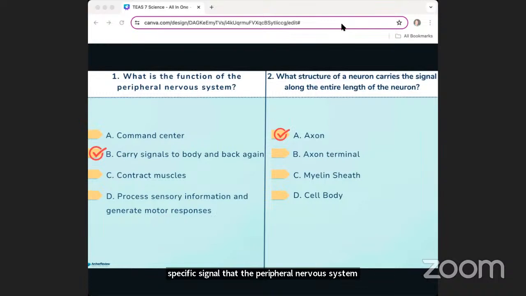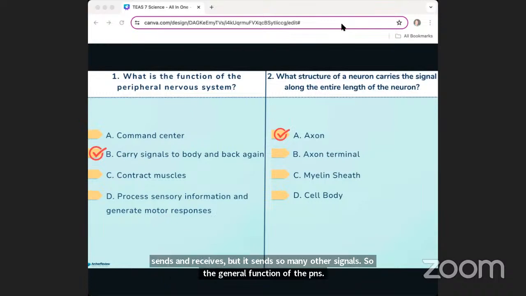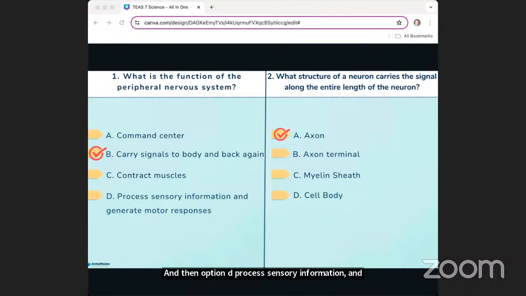So the general function of the PNS is to carry all signals to the body and back again. And then option D, process sensory information and generate those motor responses. That is the job of the central nervous system, to process, make a decision, carry that information to the peripheral nervous system. So option B is correct.